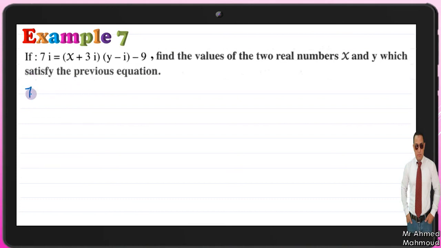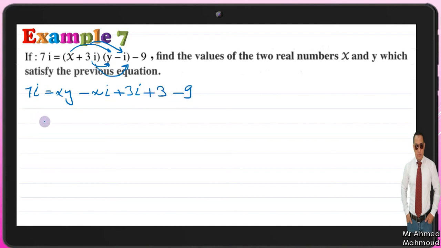Okay, 7i equals x times y, xy, x times negative i, negative xi, and 3i times y plus 3i, and 3i times negative i equals negative 3i power of 2, i power of 2 changes sign, positive 3, minus 9.